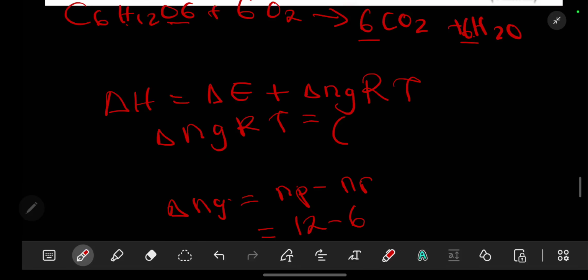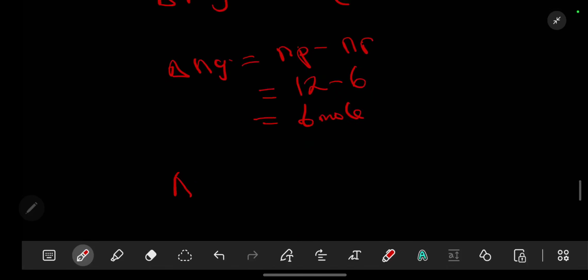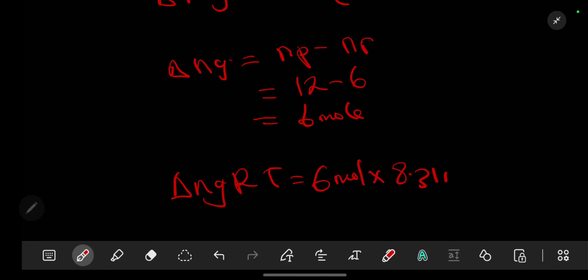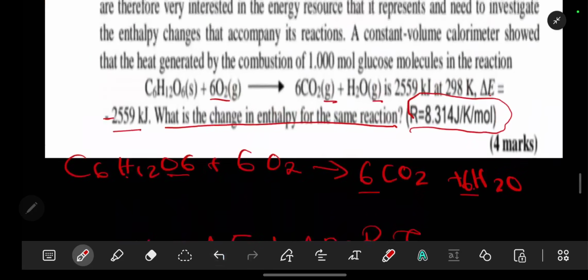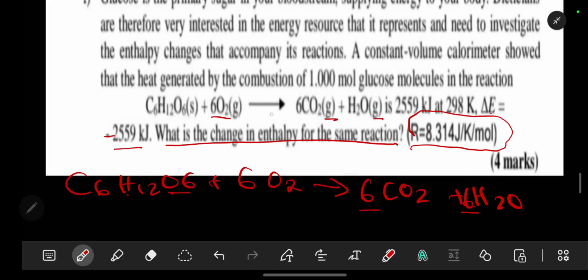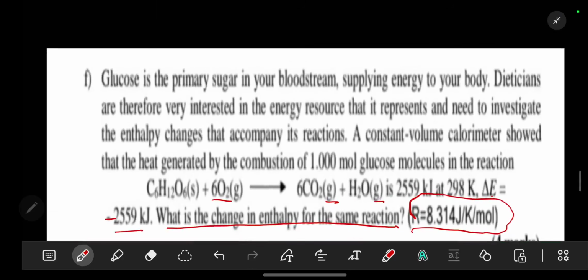Then we multiply. The change in n_g RT will be equal to the 6 moles times R, which is 8.314, and you can skip the units. Then we have times the temperature. Our temperature is 298.